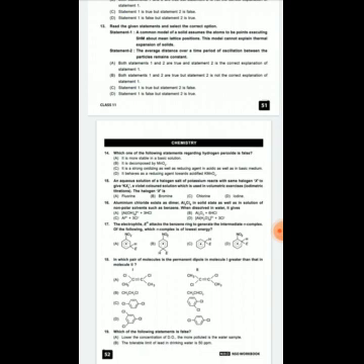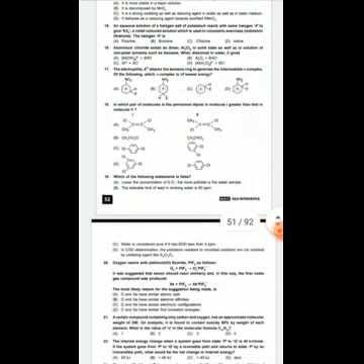Come to the next question, number 18. In which pair of molecules is the permanent dipole moment of molecule 1 greater than that of molecule 2? Option A is CH3CCl=CClCH3. Option B is CH3Cl, CH3CH2Cl, or CH3CHCl2. Option C is dichlorobenzene, and then options A, B, C, D are given.